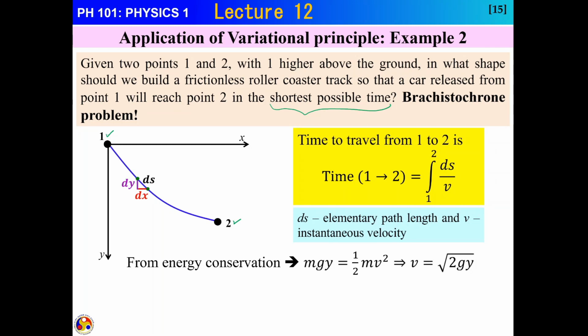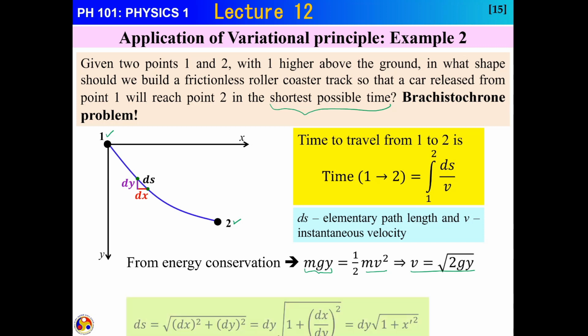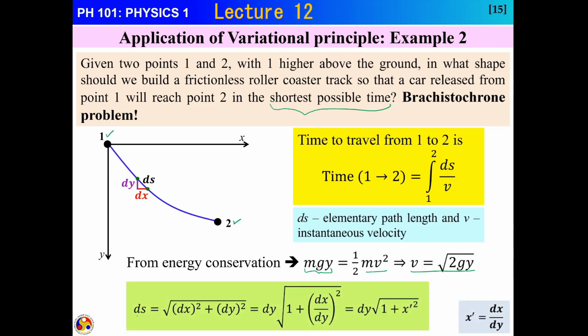Now since you are at point 1, which is at a height, you have a potential energy, and as you come to point 2, you convert it to kinetic energy, which gives the relation v equal to the square root of 2gy. So now we can rewrite the elemental length ds as the square root of dx square plus dy square.